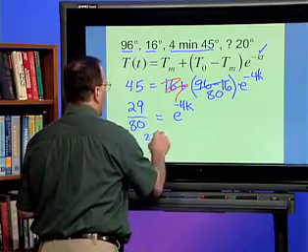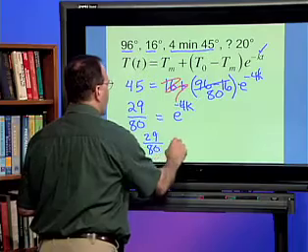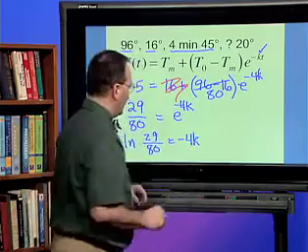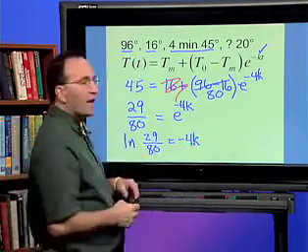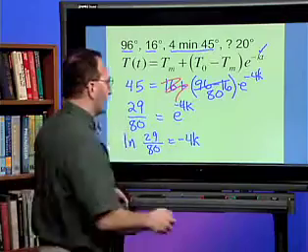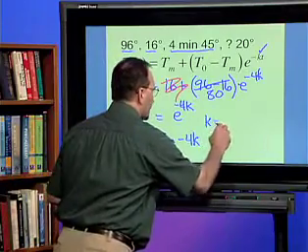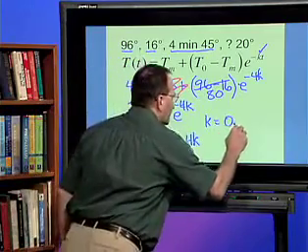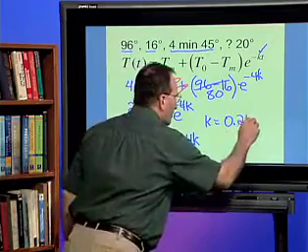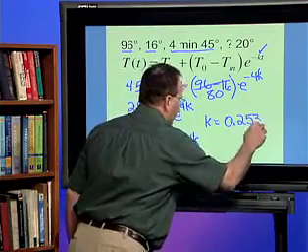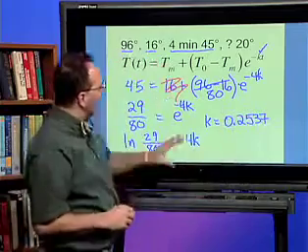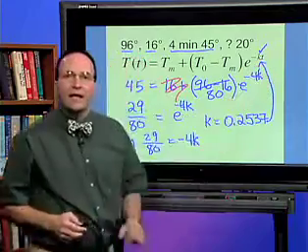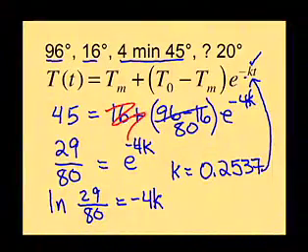So the natural log of 29 divided by 80 is going to equal negative 4k. Then all I need to do is divide both sides by negative 4, and that'll give me my k value. When you plug that all into the calculator, we find that k is equal to 0.2537.